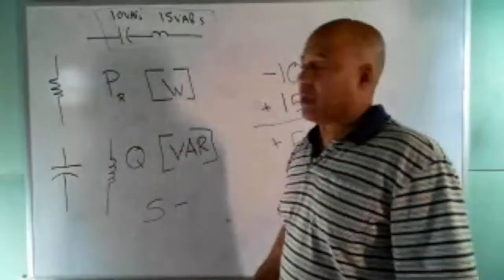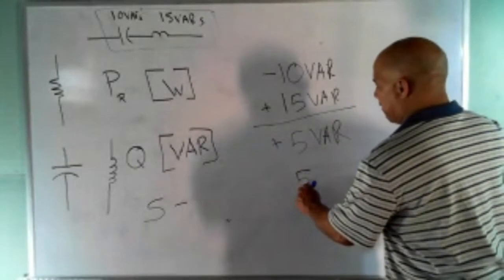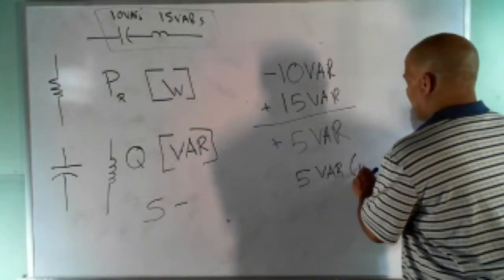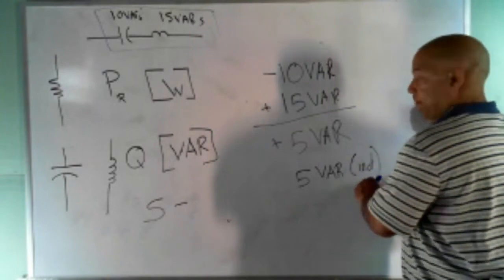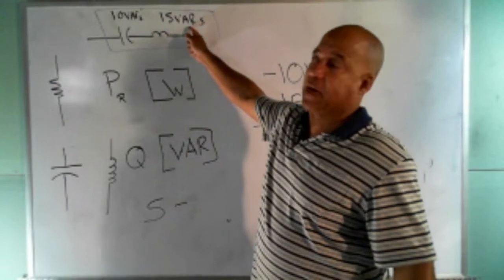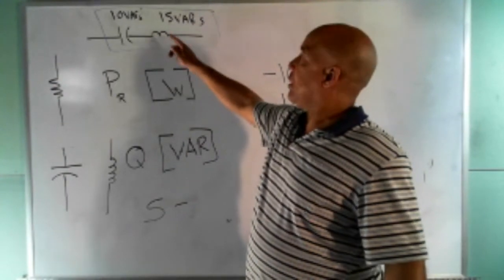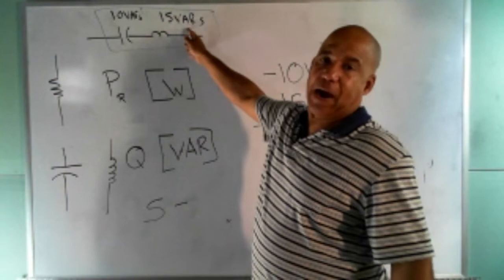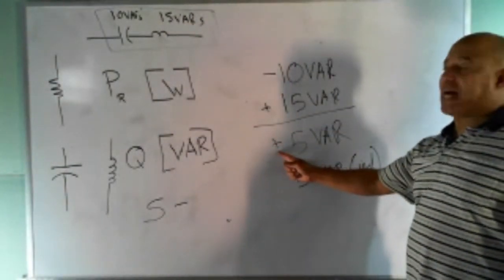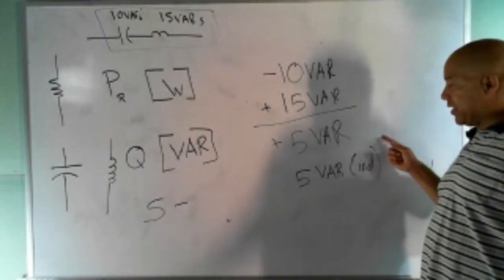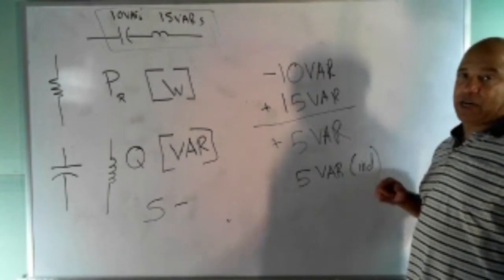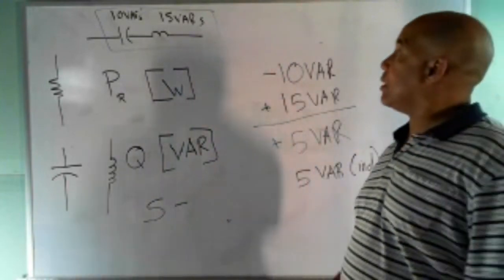That's one way to show it. Another way to show it is 5 VAR inductive, because my inductive power was bigger than the capacitive power. The fact that the power left over was positive means that these VARs are inductive. So if I show the positive sign, I don't have to write IND after it. If I don't show it, then I want to show the IND to identify what kind of VARs we're talking about. So that's important.